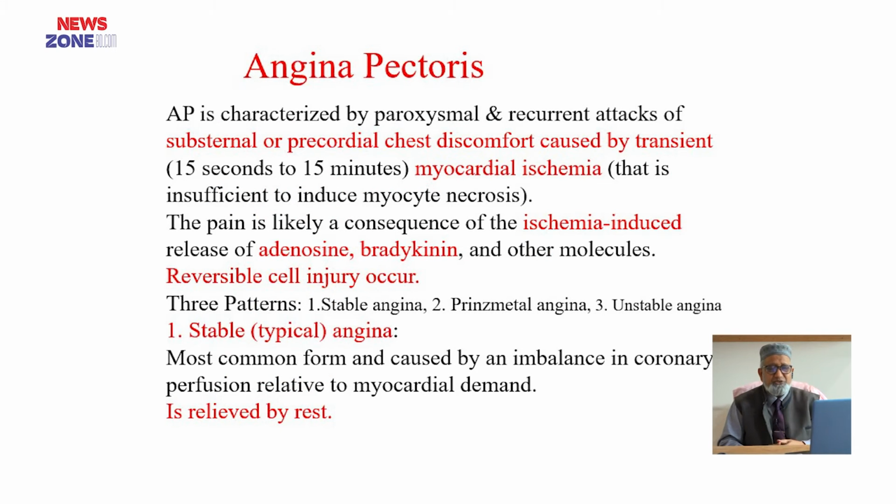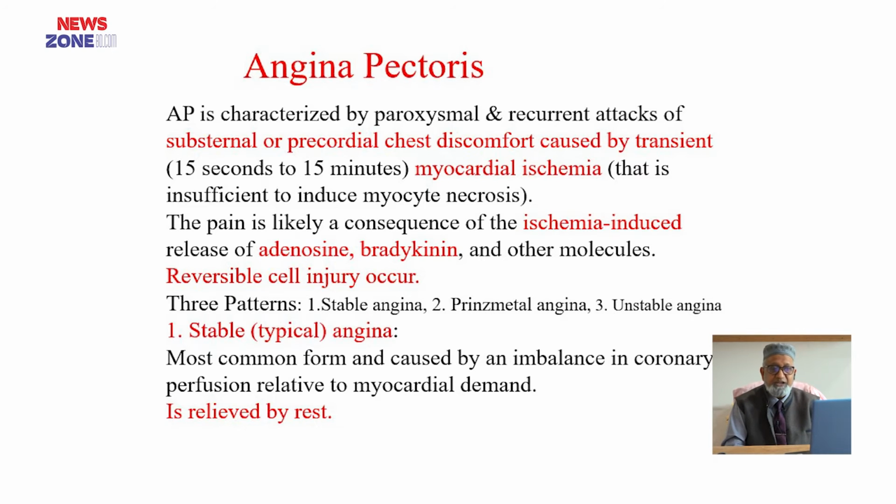So, angina pectoris, what is angina pectoris? It is a paroxysmal and recurrent attack of precordial chest discomfort. Why? It is caused by transient myocardial ischemia. What type of transient? 15 seconds to 15 minutes, and that is insufficient to induce myocyte necrosis.